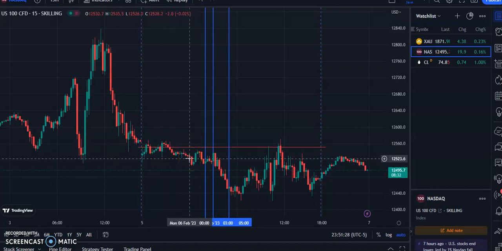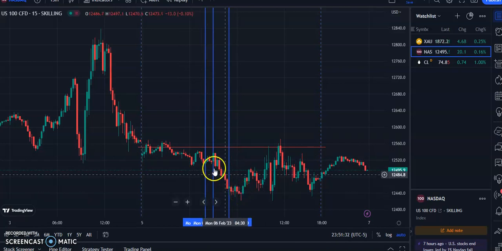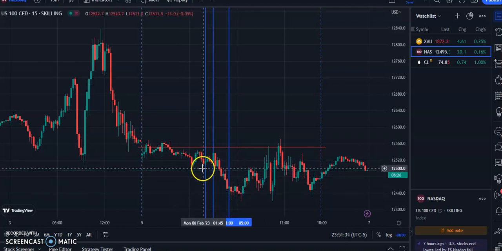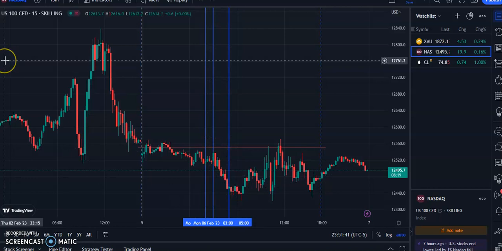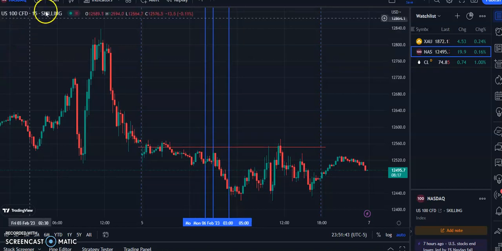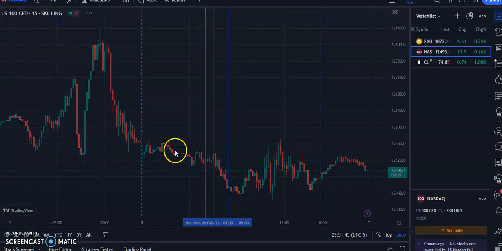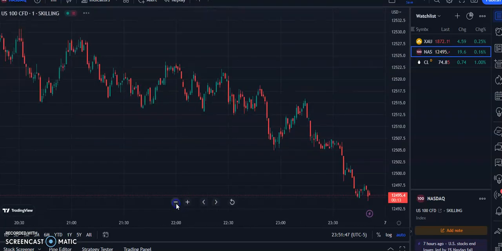So at the back of your mind, you know that this market is falling. So you can either wait for the stop hunt and continue down. All right. Now, the first hour will guide you. So let's go see what the first hour did.